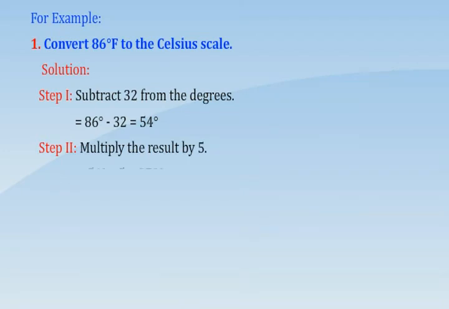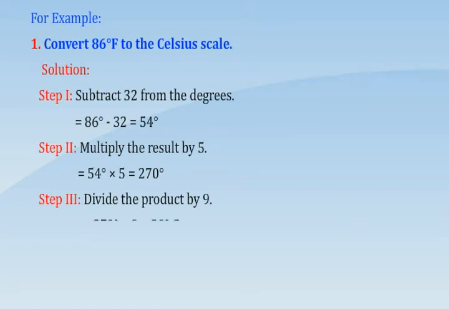Multiply the result by 5. 54 degrees into 5 is equal to 270 degrees. Step 3. Divide the product by 9. 270 degrees divided by 9 is equal to 30 degrees Celsius. Therefore, 86 Fahrenheit is equal to 30 degrees Celsius.